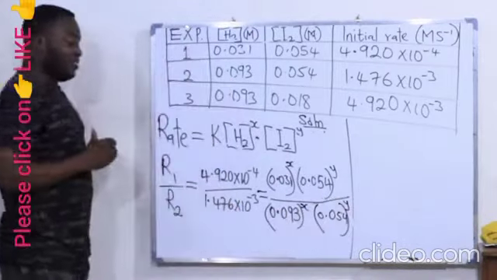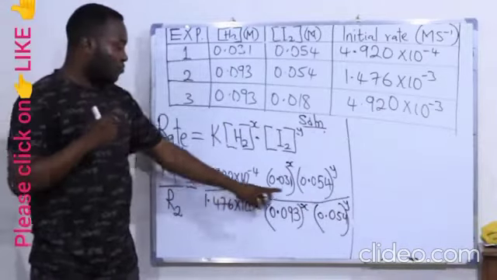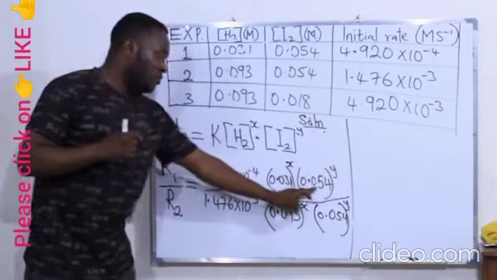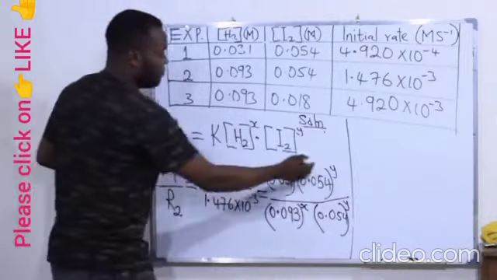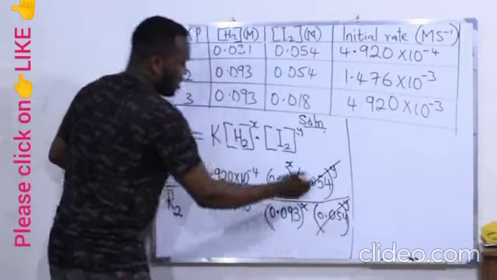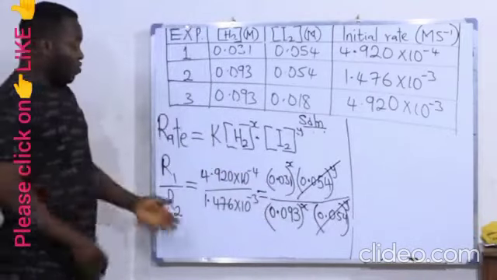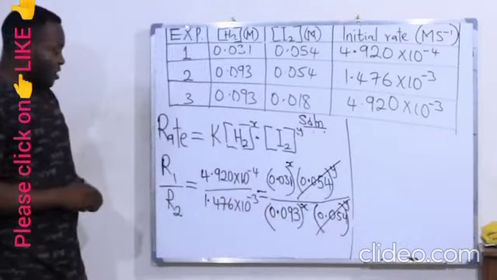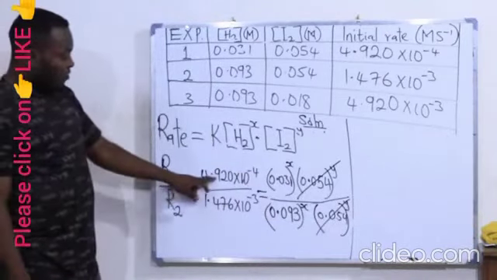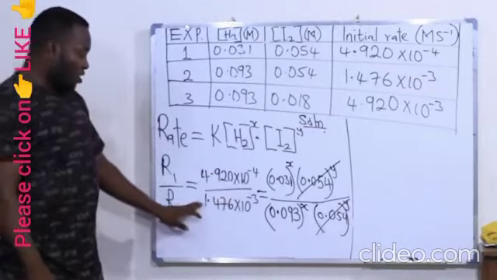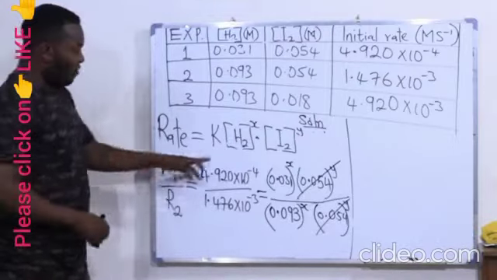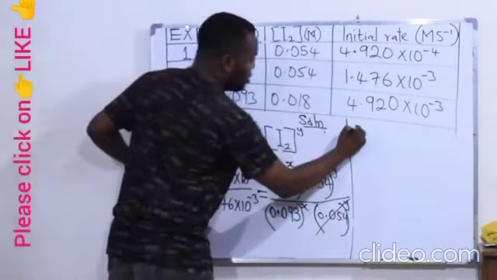Now, if you look at this, you will discover that 0.054 power Y will cancel 0.054 power Y. So this will cancel out. Now that my Y is out, I can comfortably find X. How do I do that? If I press 4.920 times 10 power minus 4 divided by this, I will get this over this will give me 3.